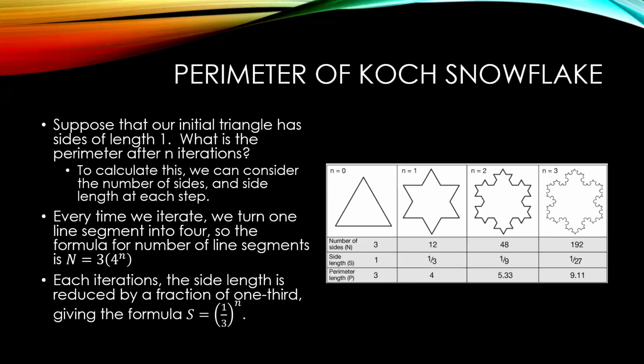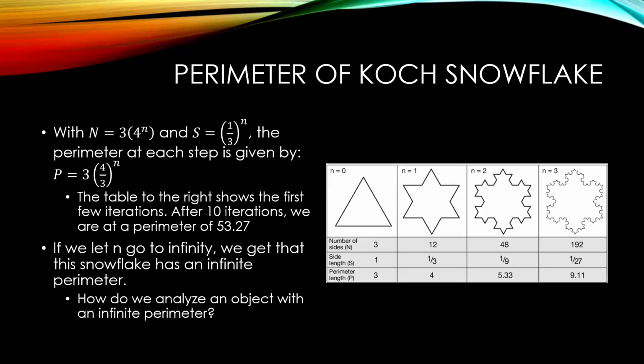So the formula for number of line segments after n iterations is going to be n equals 3 times 4 to the n. Each iteration, the side length is reduced by a fraction of 1/3, giving the formula s equals 1/3 to the n.